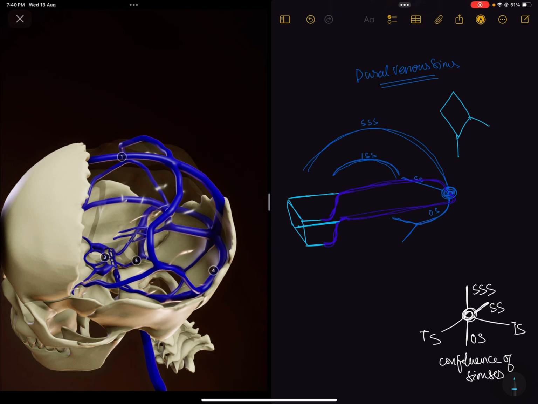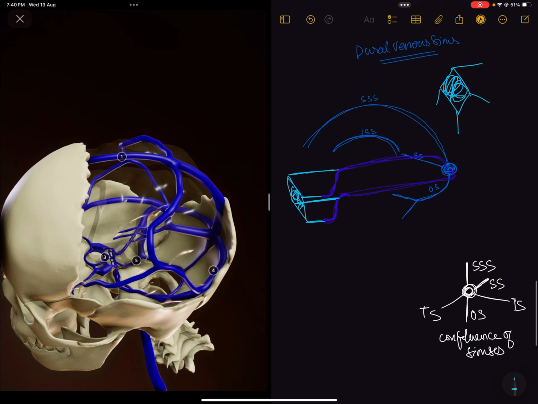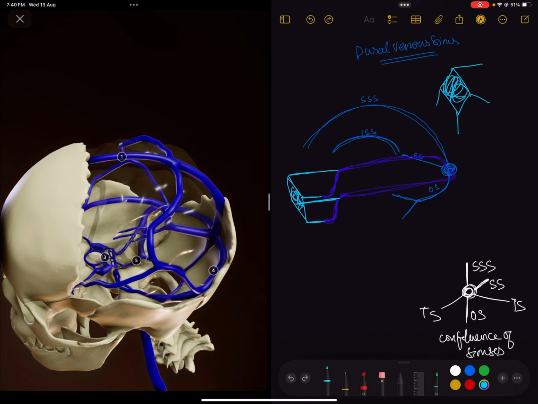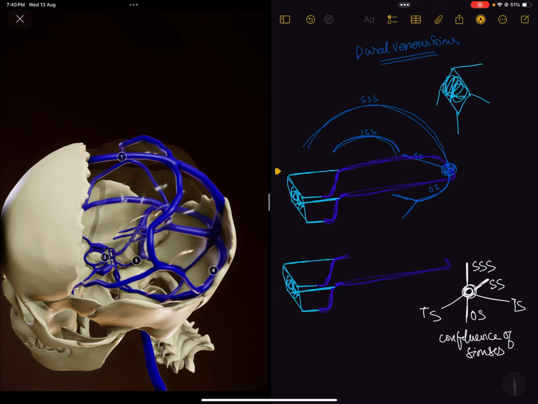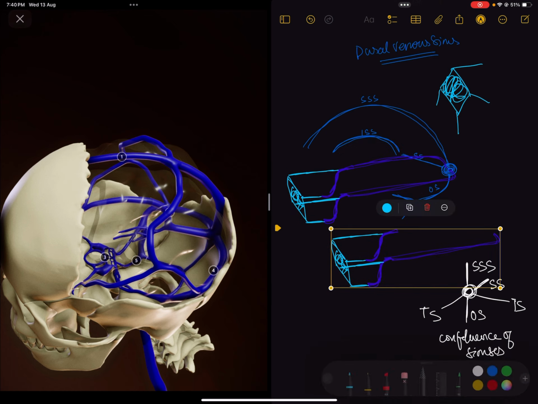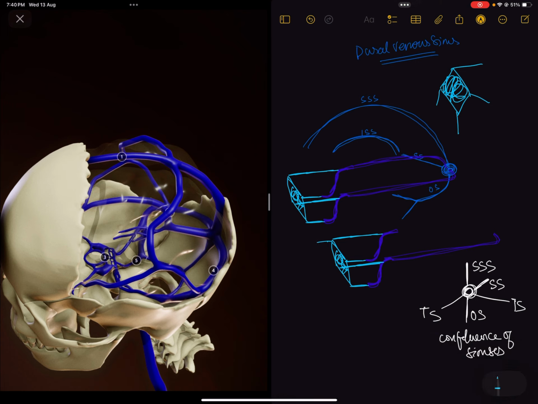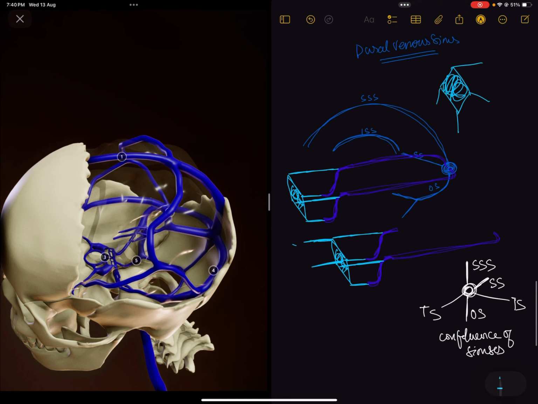Here are the inferior and superior sagittal sinuses. Here basically is the venous plexus, right? And connecting from the venous plexus, from above, we have the cavernous sinus.